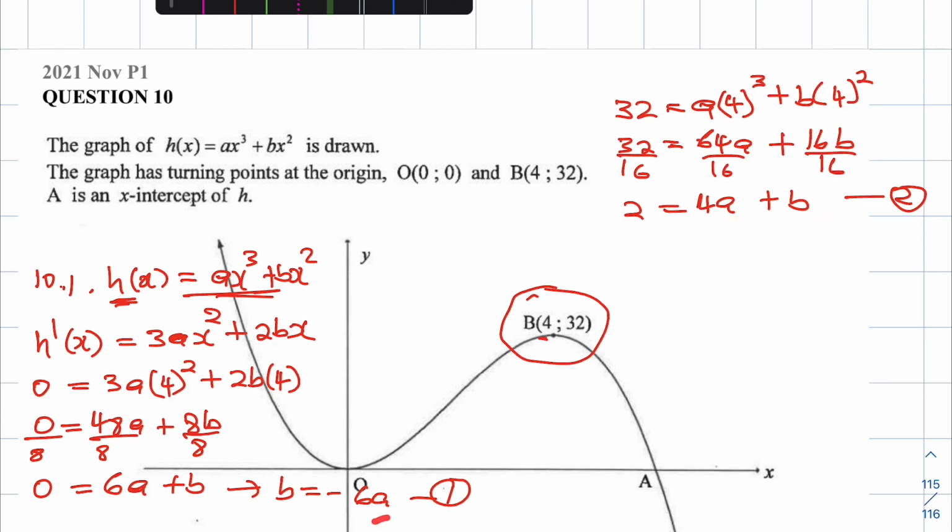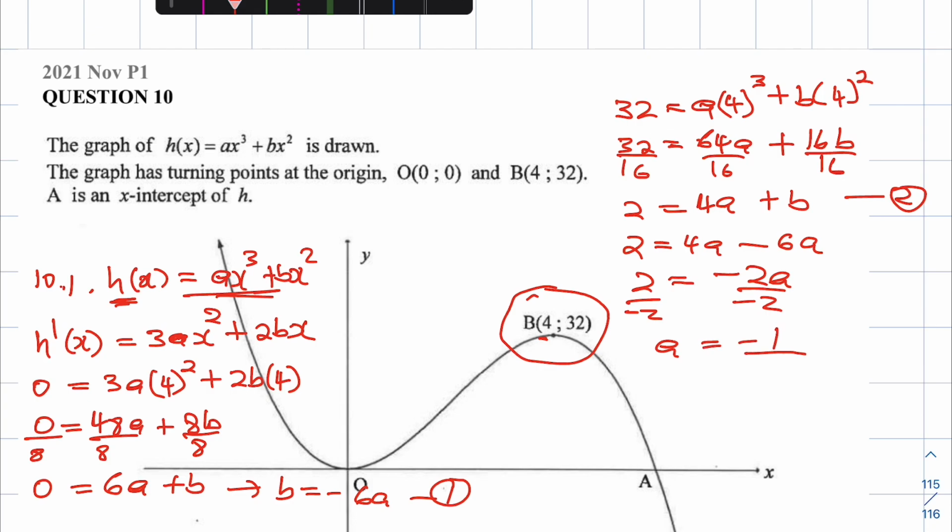Now I'm going to substitute equation 1 into equation 2. We know that b is equal to negative 6a. So we'll have 2 is equal to 4a minus 6a, that is negative 2a. And then you divide by negative 2, and then you have a is equal to negative 1.